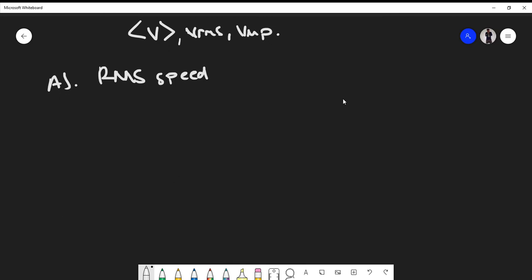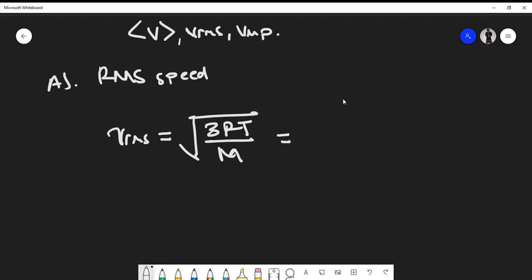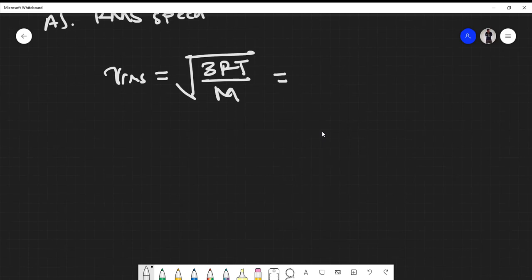Going back to our lecture, we know that Vrms is equivalent to the square root of 3RT divided by big M, which is the molar mass. So essentially we're substituting. What are the numbers we need?